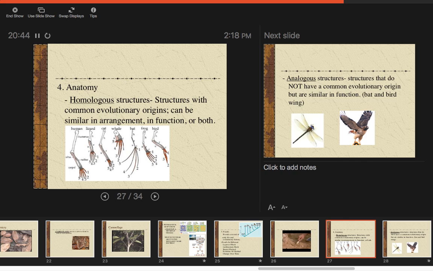Anatomy. You can look at the actual anatomy of an organism. There's a couple, three main ones. One's called homologous. When you look at homologous structures of organisms, you can compare the anatomy and see that even though a whale uses its flipper to swim and a bat uses its wing to fly, if you look at x-rays of the two, they're actually built pretty much the same.